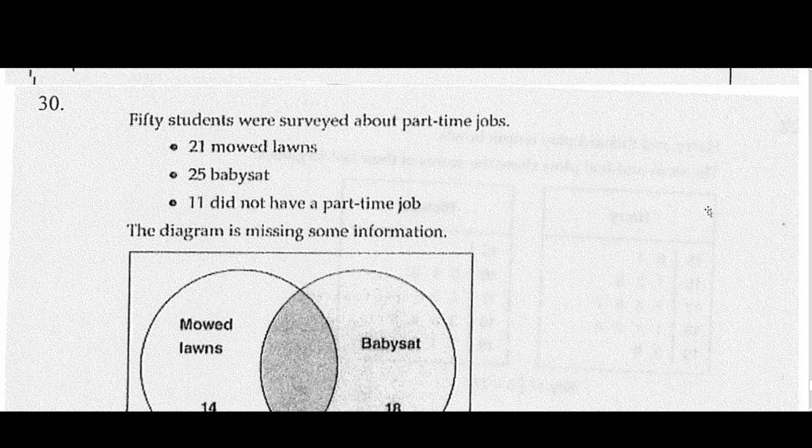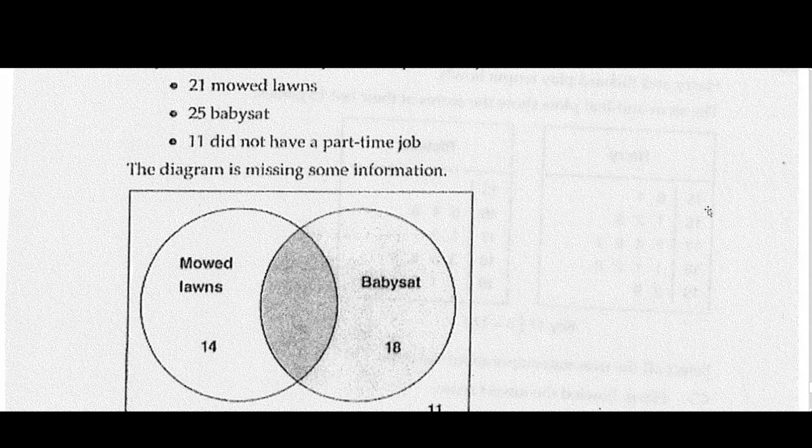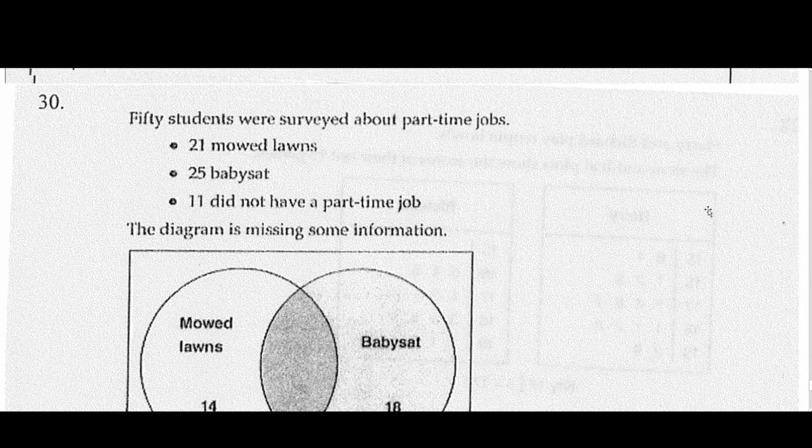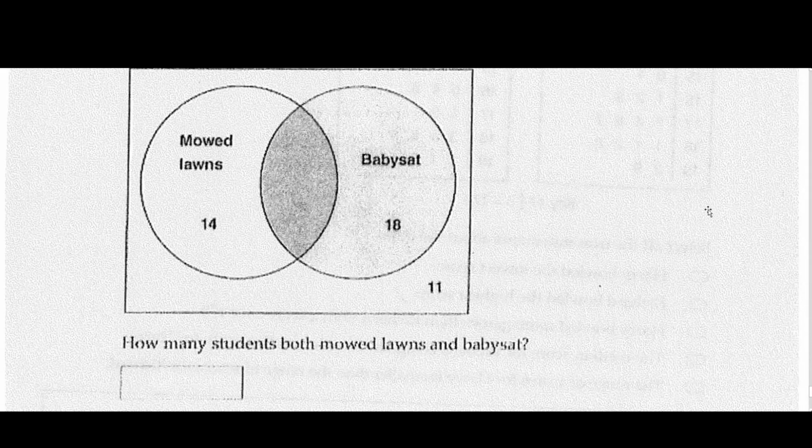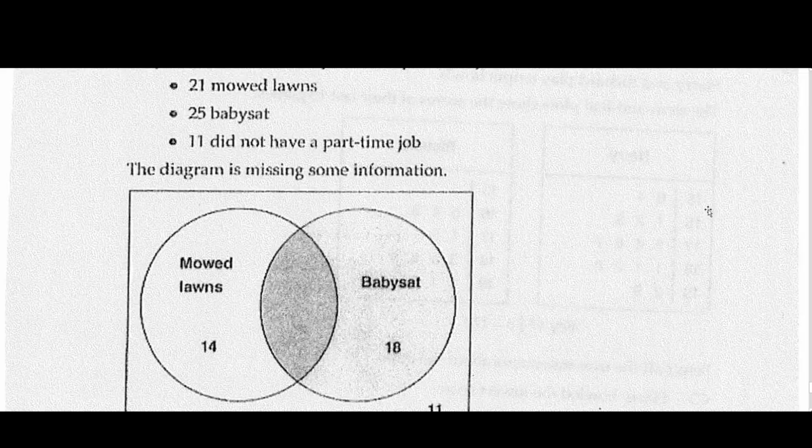50 students were surveyed about part-time jobs. 21 mowed lawns, 25 babysat, 11 did not have part-time jobs. The diagram is missing some information. How many students both mowed lawns and babysat? Okay, so 21 mowed lawns, so there should be a 21 there, and 25 babysat. 11 had no part-time jobs.